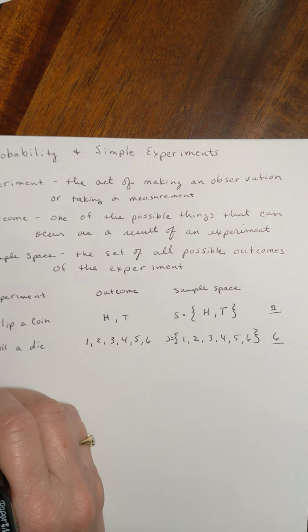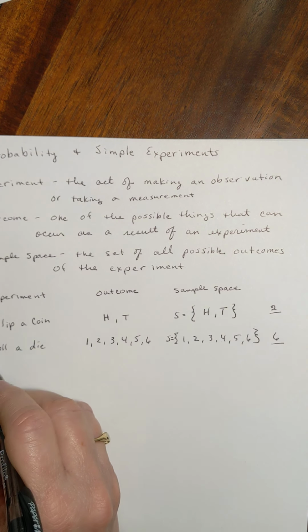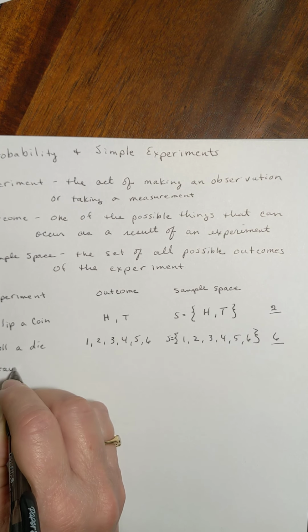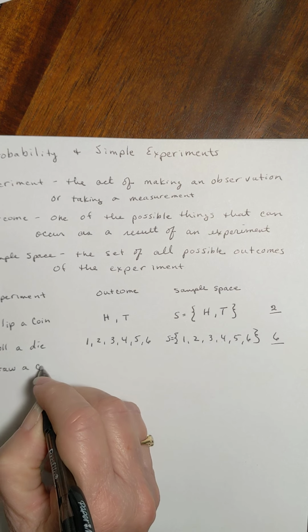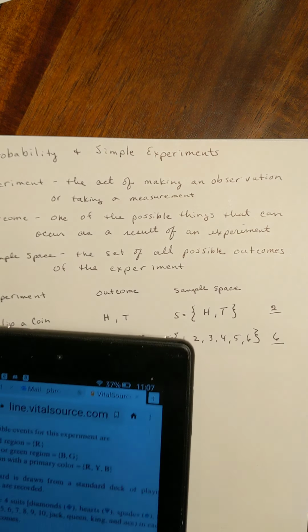Now, the third type of experiment that they use a lot in probability is drawing a card from a regular deck of 52 cards. I'm not going to write out the whole sample space, but this is in your book. So we're going to talk a little bit about this sample space.